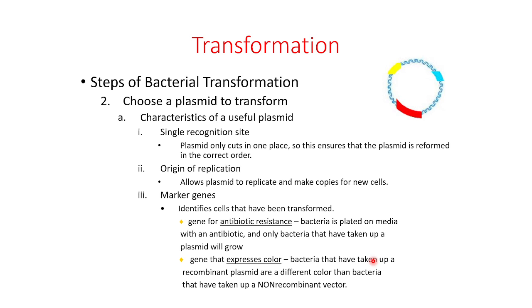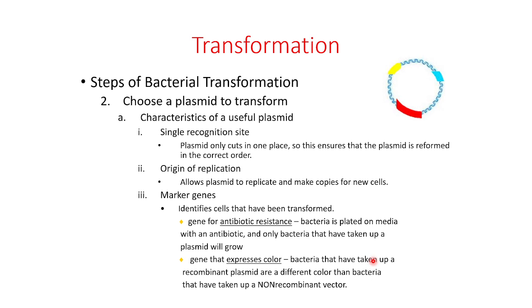The second step of bacterial transformation includes choosing a plasmid which you want to transform. Now, there are different characteristics of a useful plasmid. One being it should have a single recognition site. So what does that mean? Plasmids only cut in one place so that it ensures that the plasmid is reformed in the correct order.